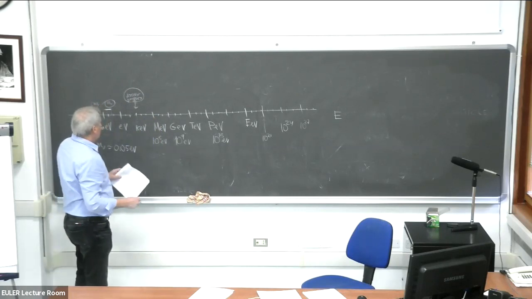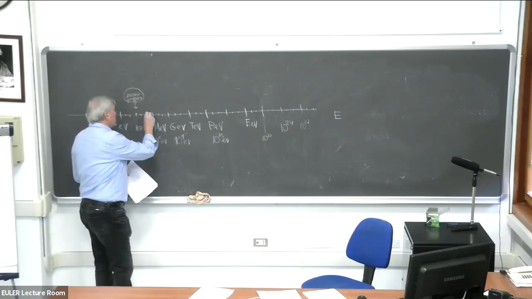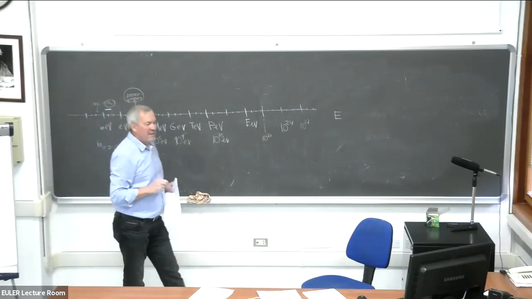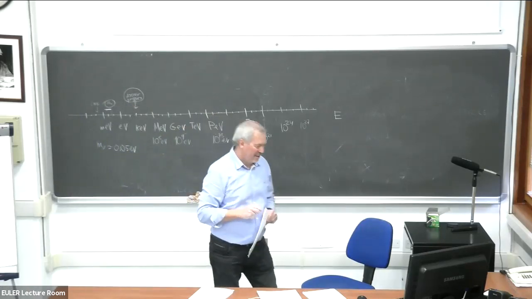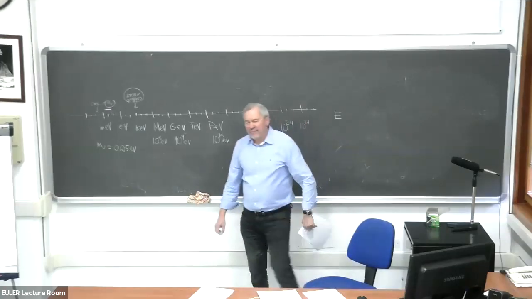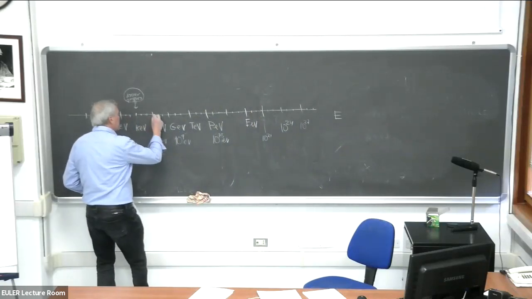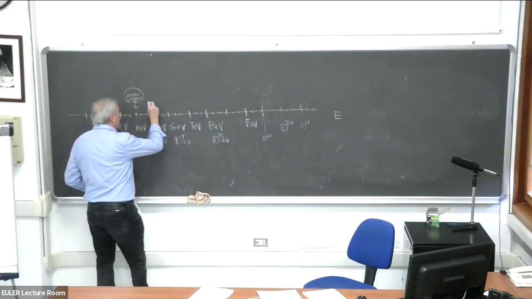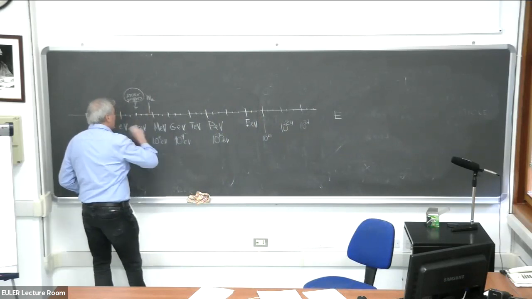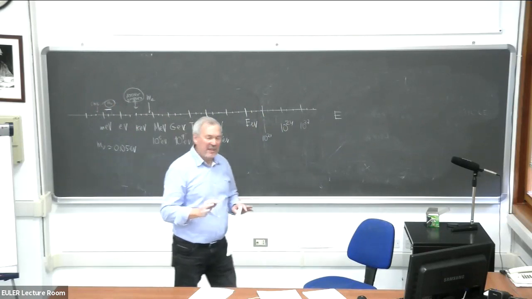Next important scale is the mass of the electron. And mass of the electron is what? Who remembers this? What is the mass of the electron? It's 0.7 MeV. What? 0.5 MeV. So it's somewhere here, right? So this is MeV and this is electron mass. Well, I should say that it's extremely important to remember at least some scales.